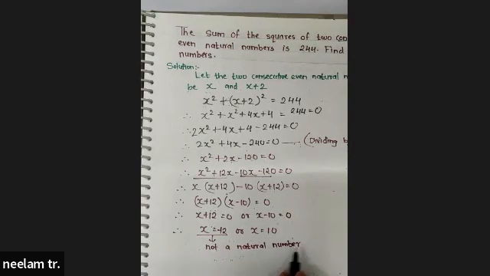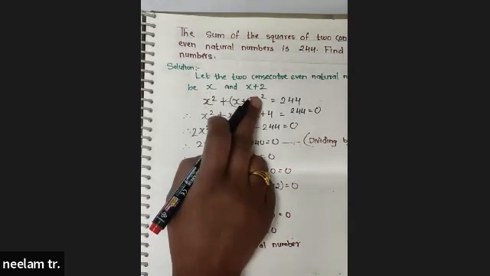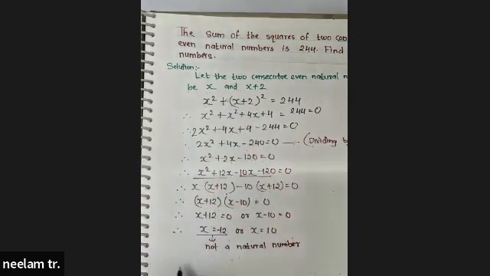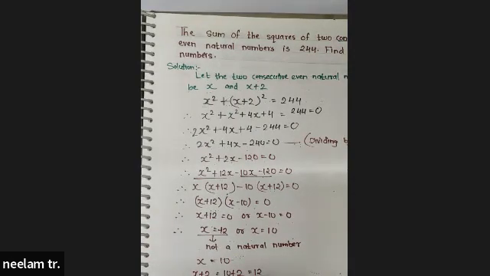So the two numbers, one is x and the other is x plus 2. So your number is 10. So x is 10 and the second one is x plus 2, so that is 10 plus 2, that is your 12.